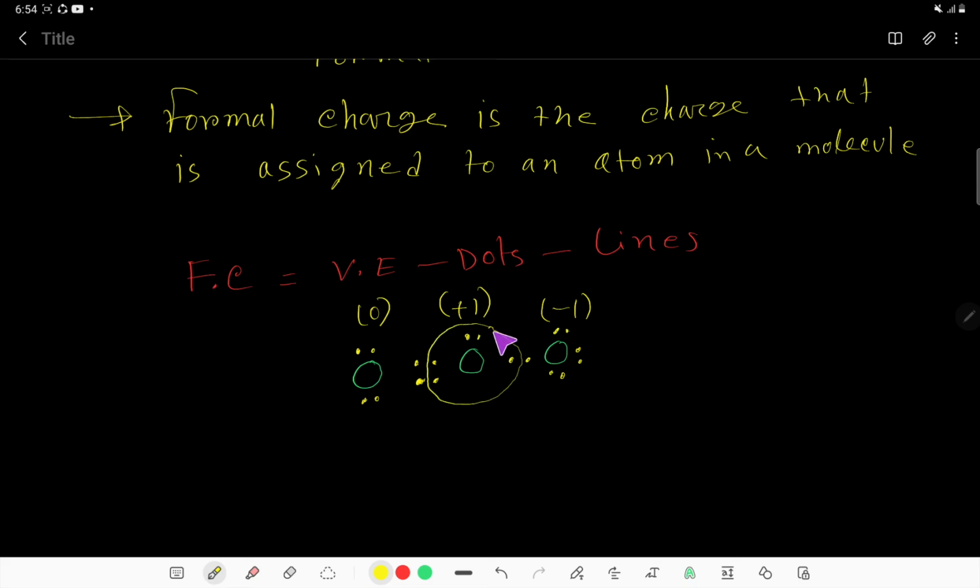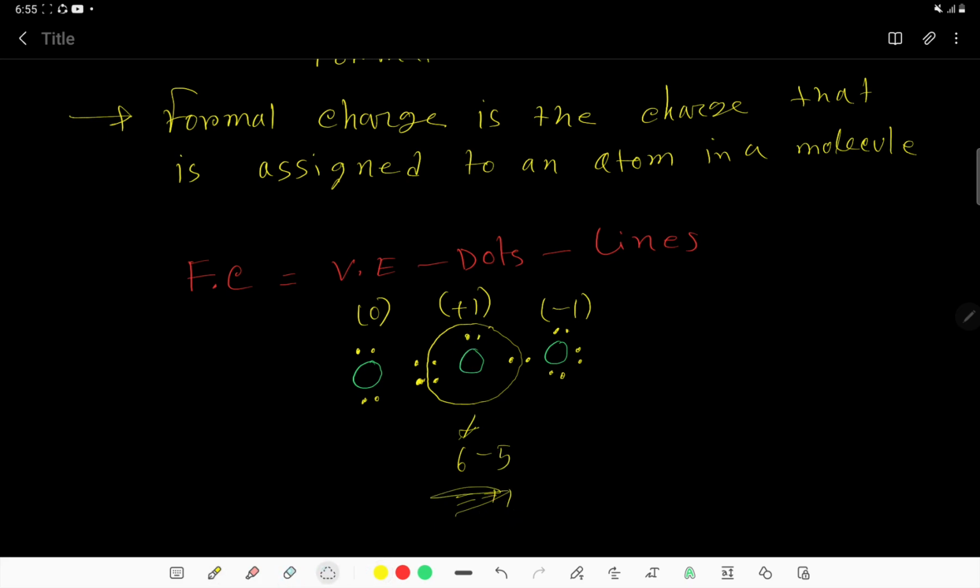This circle includes all the lone pairs, but must include half of the bonding electrons. So here 4 we count 2, here 2 we count 1. In a neutral or free oxygen atom we have 6 valence electrons, but here we have assigned 5. So the result is +1.